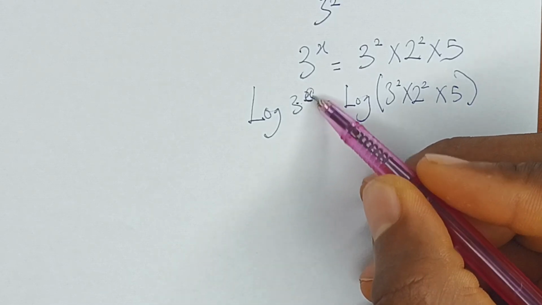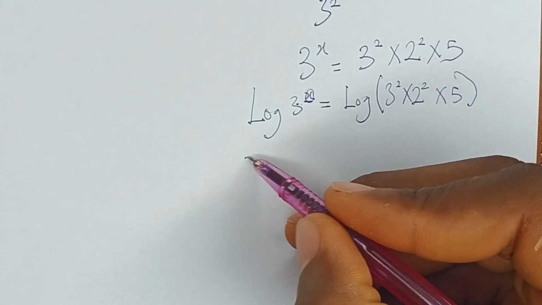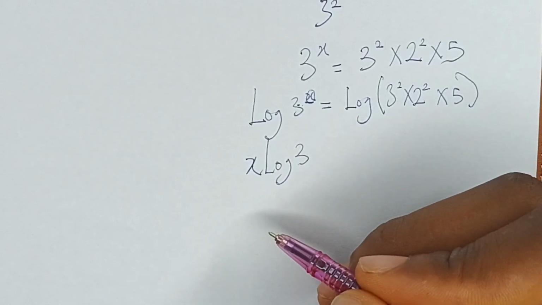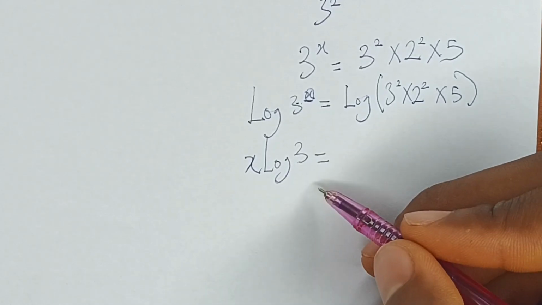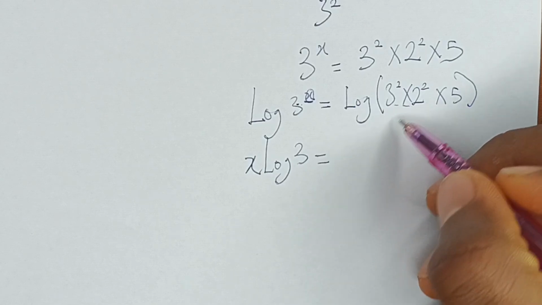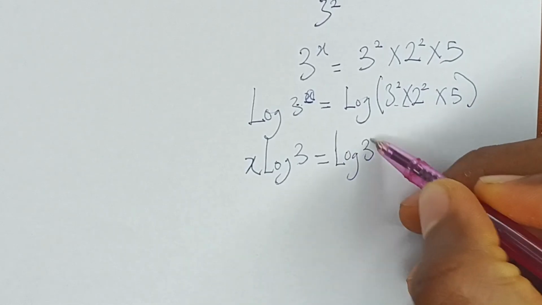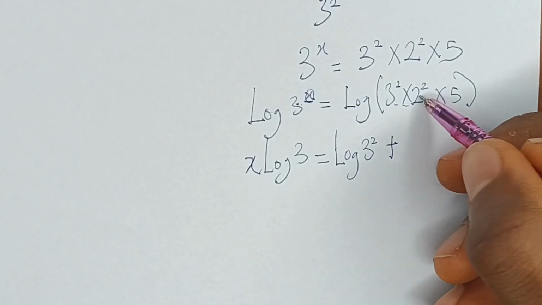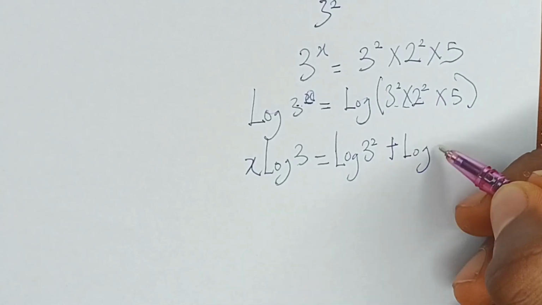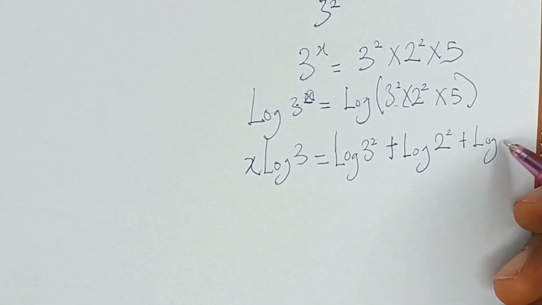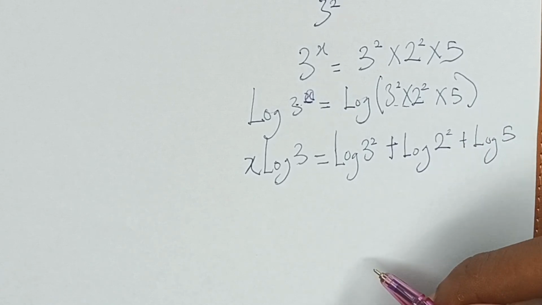Alright? Now, from here, we can say logarithm of a number raised to a power means that you should multiply the log with the power. So we have the power is x multiplying this log of 3. Alright? And this becomes equal to, now when you have something like this, you split up and put plus. So we have, for the first one, log of 3 squared plus log of 2 squared plus log of 5. Alright?